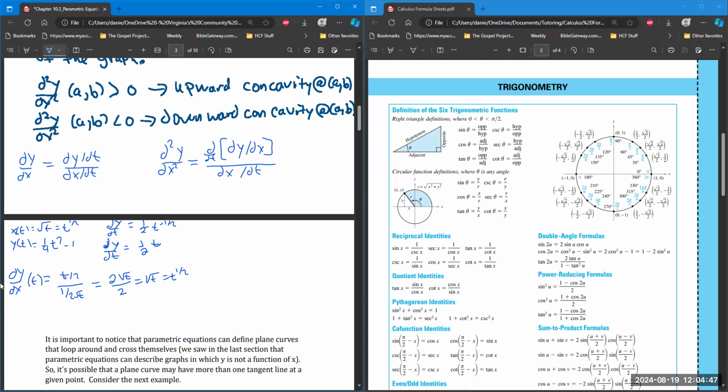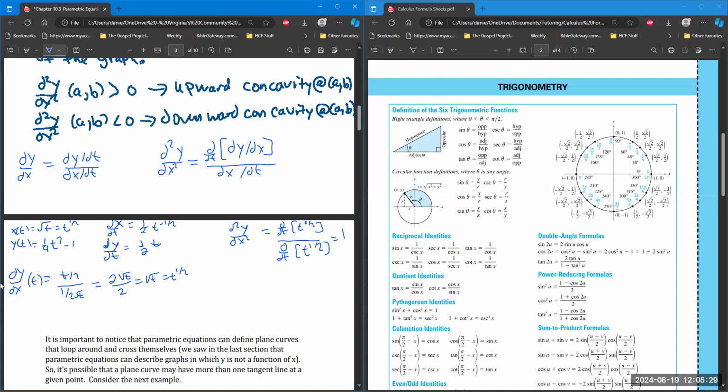So now that I have that, d2y/dx2 is going to be the derivative of this with respect to t, divided by dx/dt.